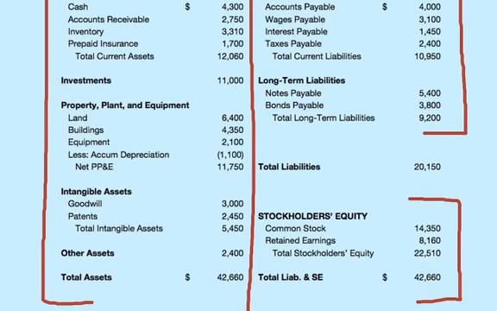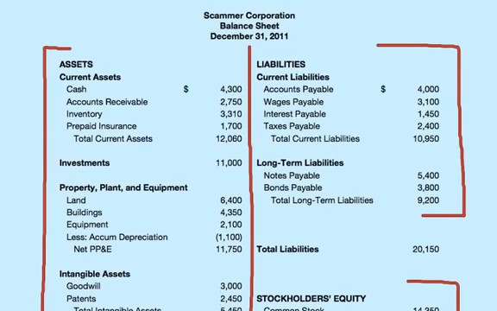well, really the right side of the balance sheet is basically explaining how the assets were paid for. The liabilities account for a certain portion of the assets, and the stockholders' equity does the same thing.